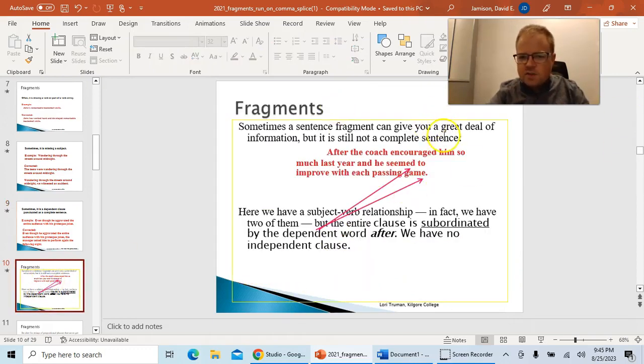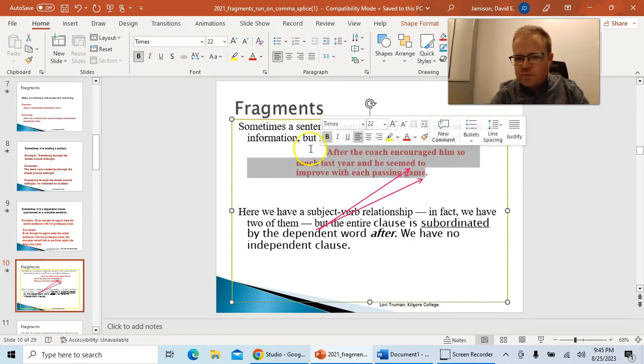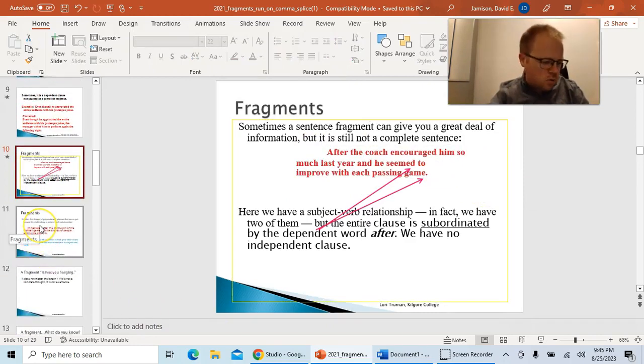Sometimes a sentence fragment can give you a great deal of information, but still not be a complete sentence. We've seen a few of those so far. After the coach encouraged him so much last year, and he seemed to improve with each passing game. Again, incomplete thought. We need to know what happened after all of this, right?